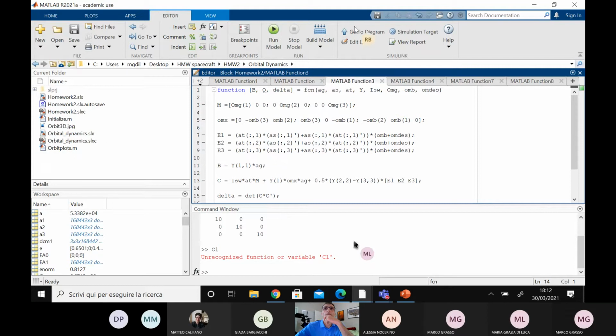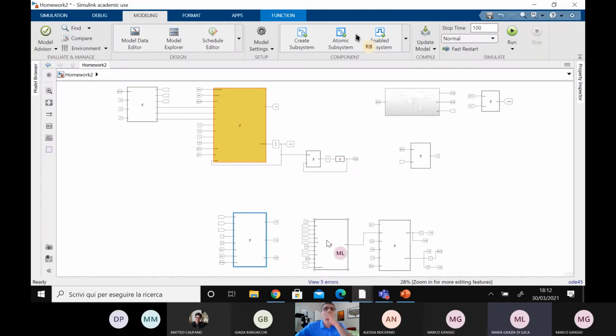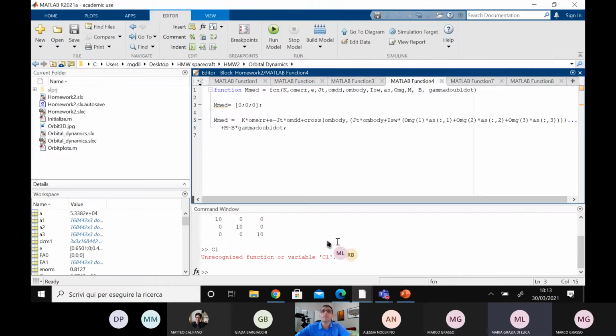Actually, it doesn't go here. Yes, because again there is a problem with omega. No, omega but gamma double dot only goes in this one. No, the gamma double dot. Sorry, gamma double dot. No, gamma double dot only in this one. I think so, it goes in this one, and that's fine.